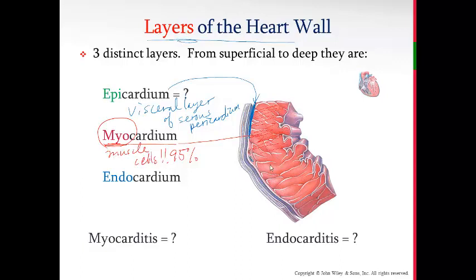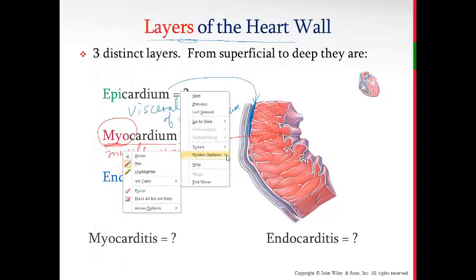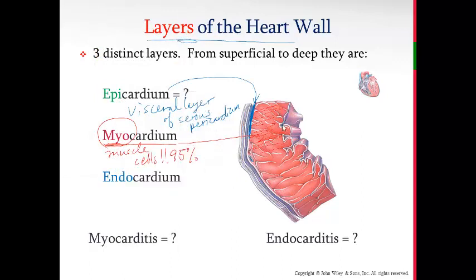And the last part, let's go back to blue, is the endocardium, the lining of the most inner layer. So the endocardium will continue, for instance, with the lining of the heart valves as well as the lining of the blood vessels.